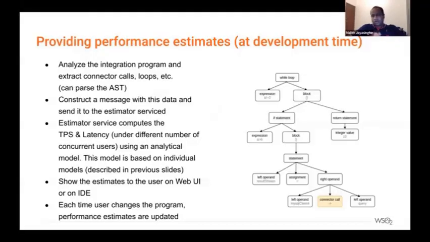Now what happens is that the developer is developing this application, and we want to provide this performance estimate. What we do is we parse the program. Basically, there's an AST. From the AST, we extract these API calls, which are the ones that actually impact the performance the most, right?